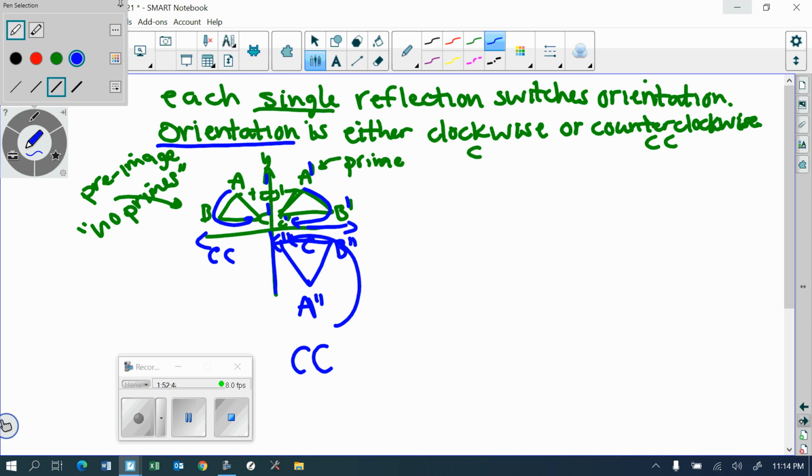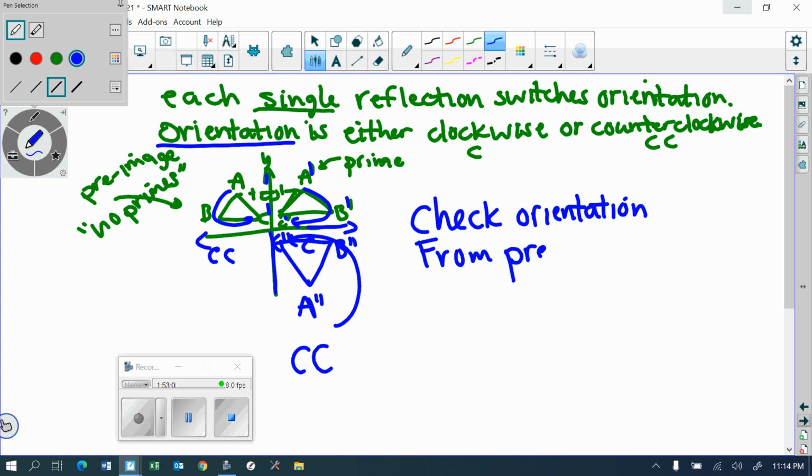So you want to check orientation from the preimage to the image. And when I say image, I mean the last one.